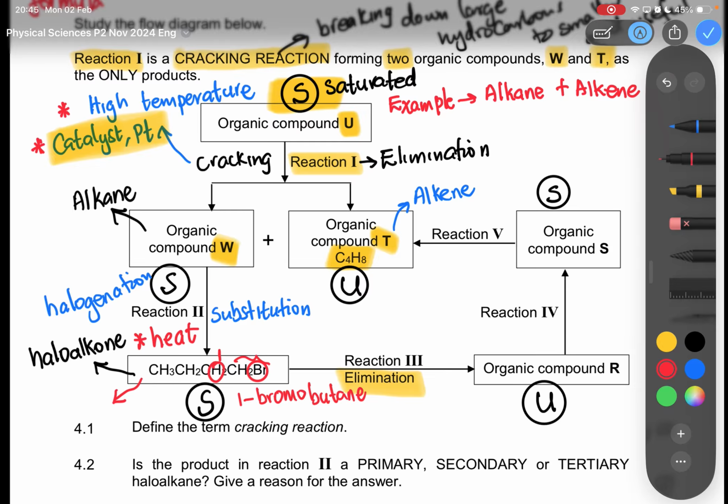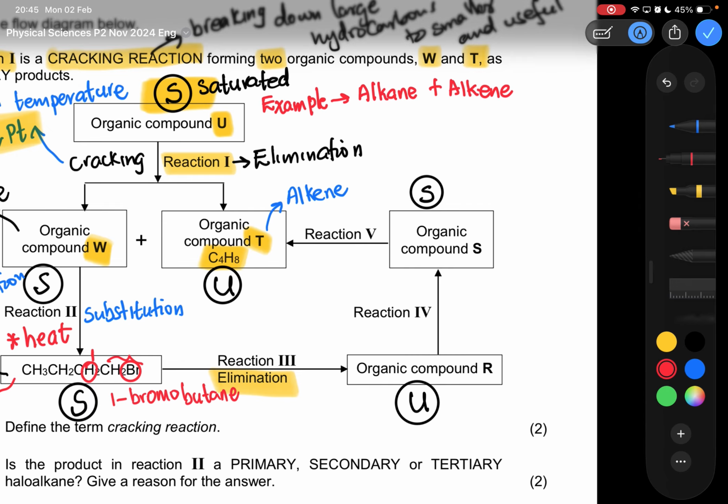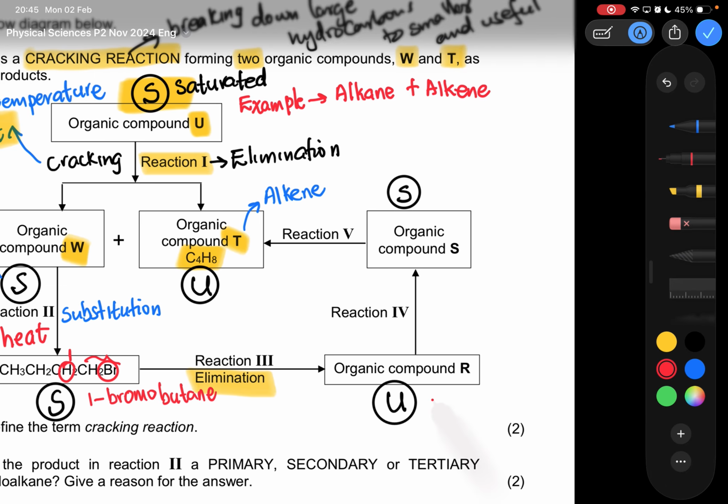Then we are going to form this organic compound R, which is unsaturated, which is going to have an IUPAC name of but-1-yne. So as such, this is what I have.